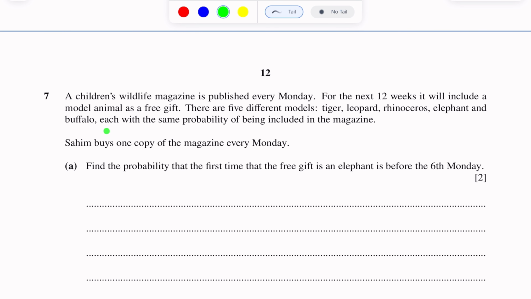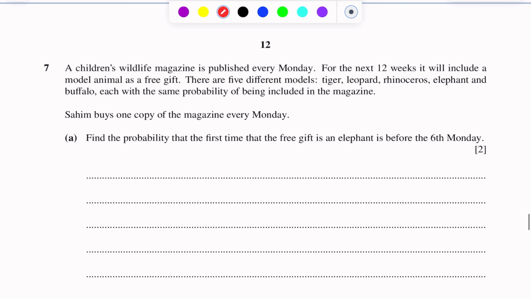And each with the same probability. First part of geometric distribution. First we write animals.